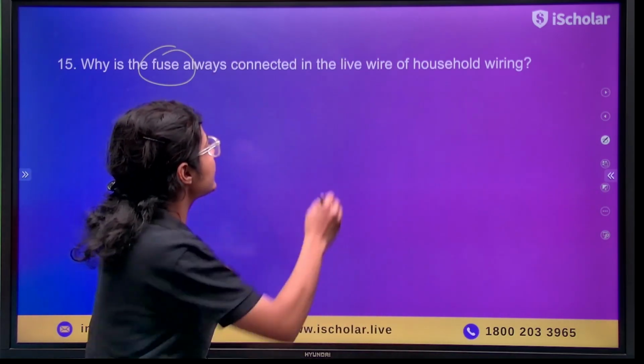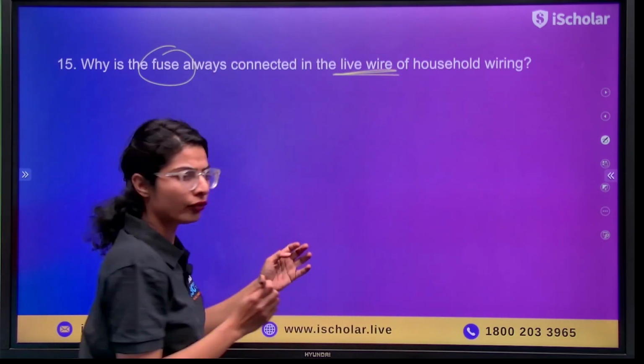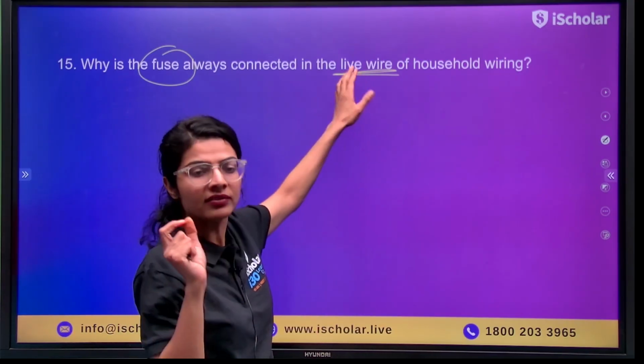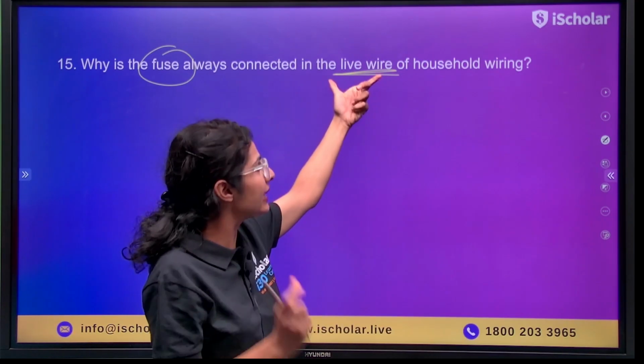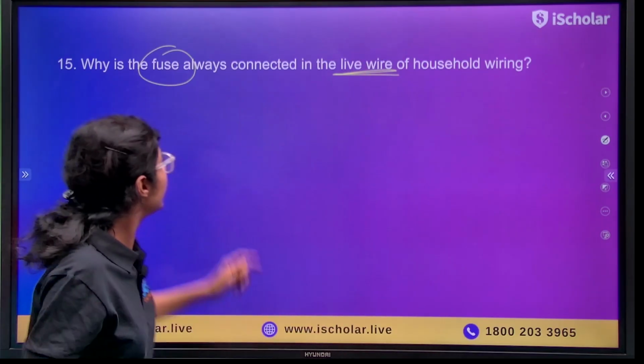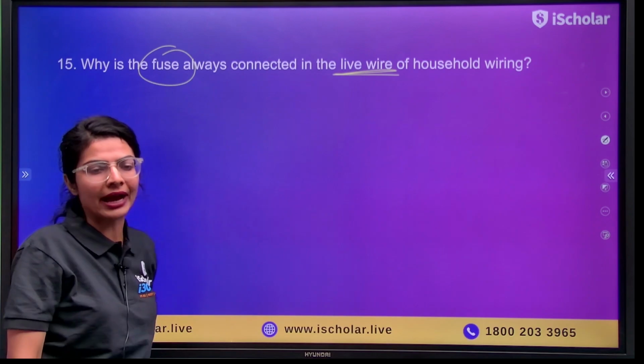See, the live wire is the wire from which we get the direct current, and it is used in our homes so that current passes through these wires. Why is the fuse always connected to the live wire?